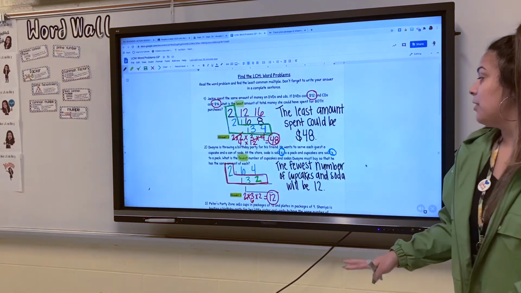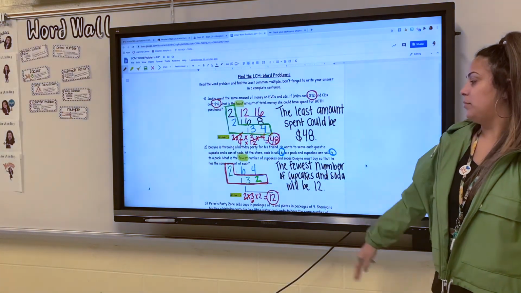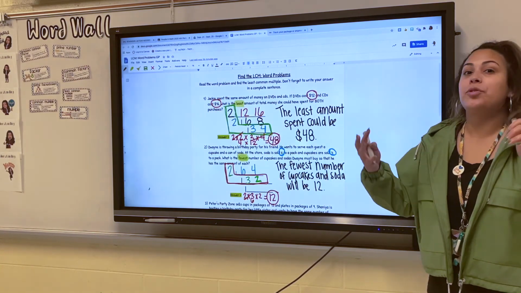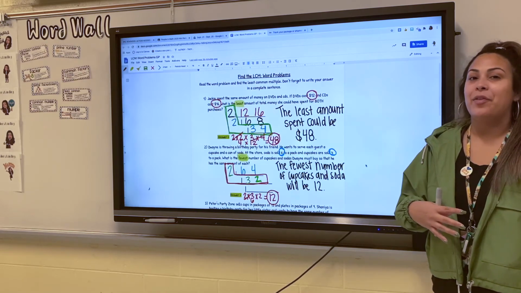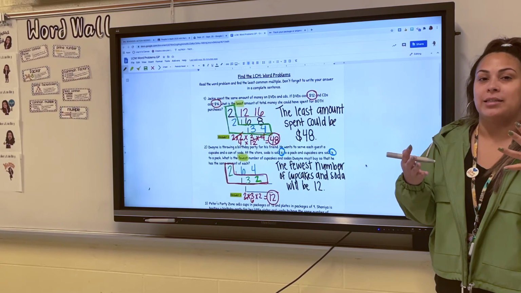That's really sloppy, but that is what our sentence would look like. Again, if you're trying to figure out how to write your sentence, just read back at the question and use that information to create your sentence.